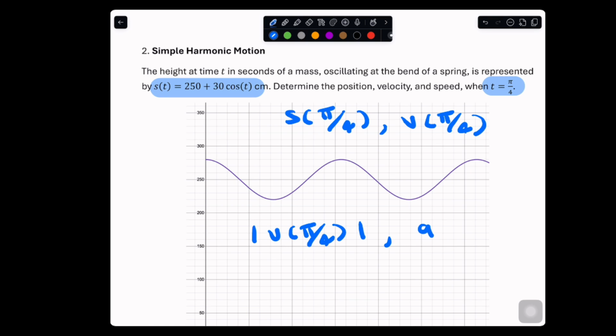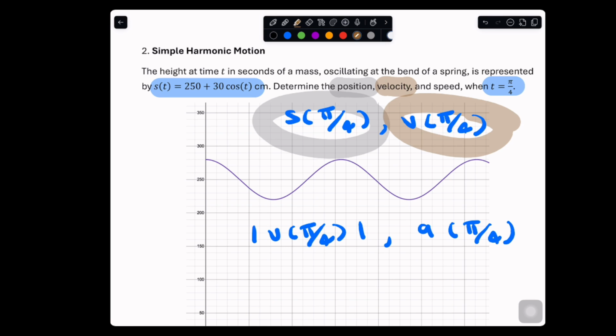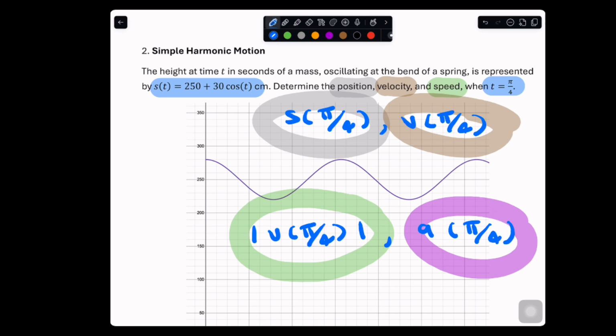And then they want A of what? Right? Because what are they asking for? Position. Okay. Velocity. Okay. Speed. Oh, absolute value of velocity at pi over 4. And although I didn't put it there, I'm going to later. We'll put acceleration.